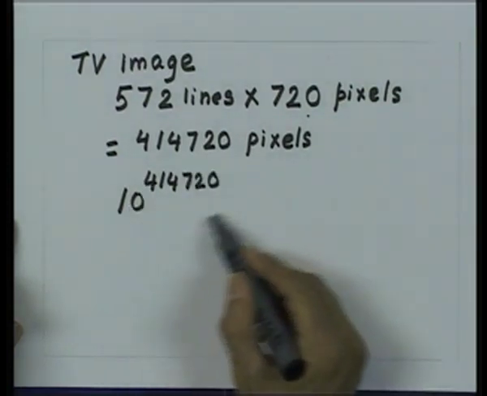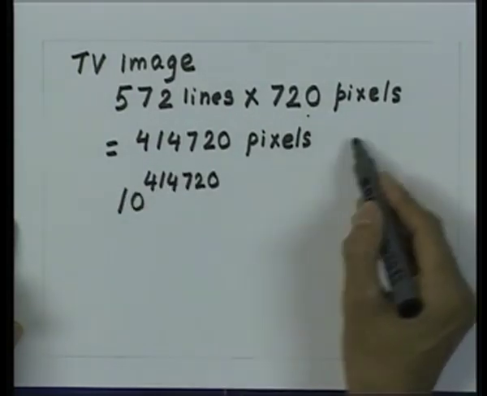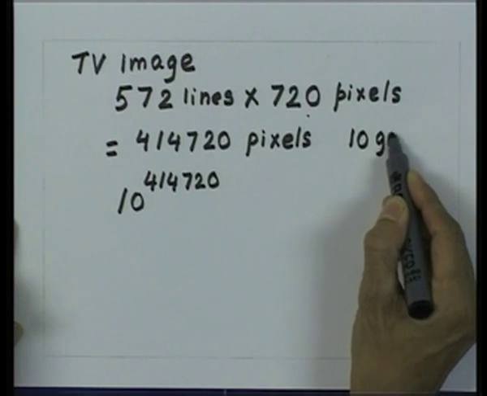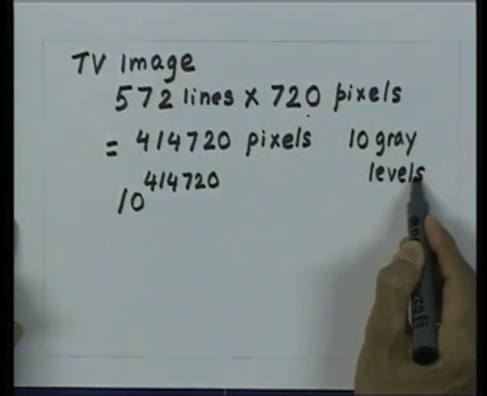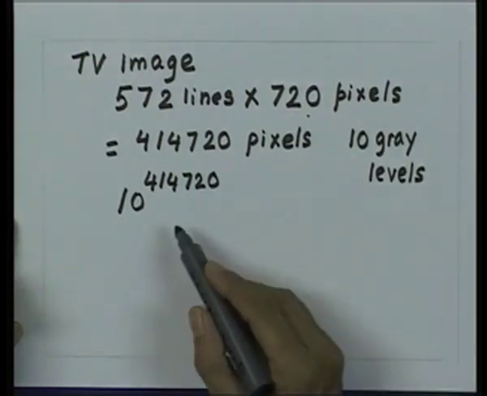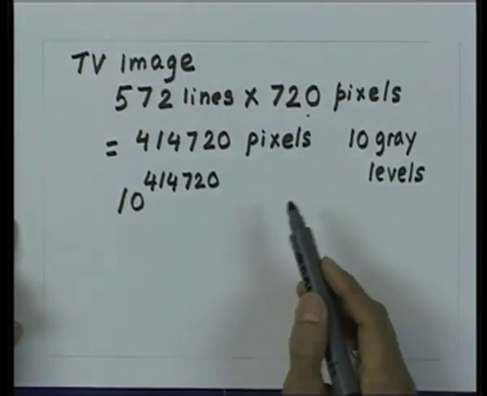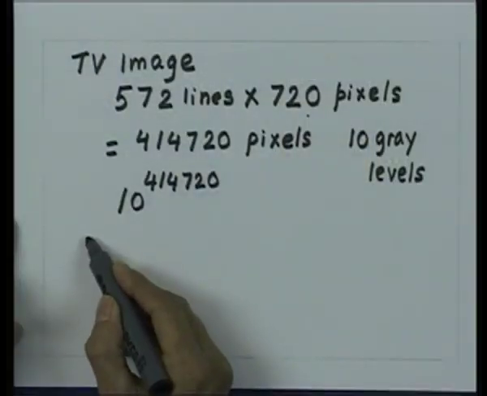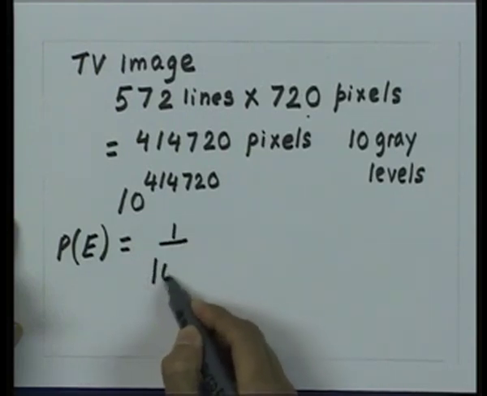These are the total number of pictures, TV images, which I can form, assuming there are 10 gray levels. If I assume that any of these pictures can occur randomly, then the probability of occurrence of any particular image, let us call that event E, would be 10 raised to the power minus 414,720.